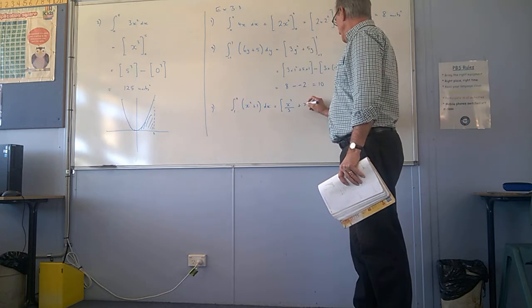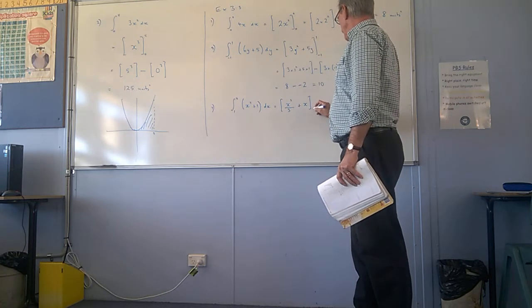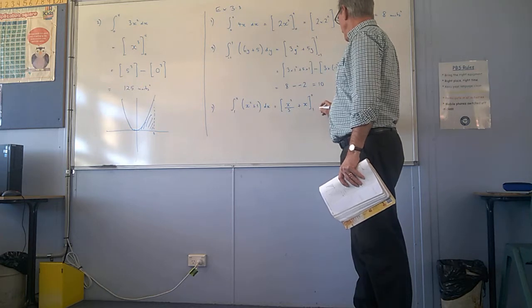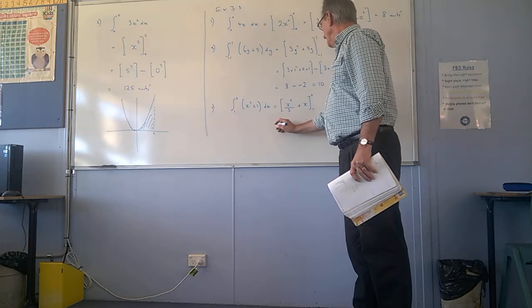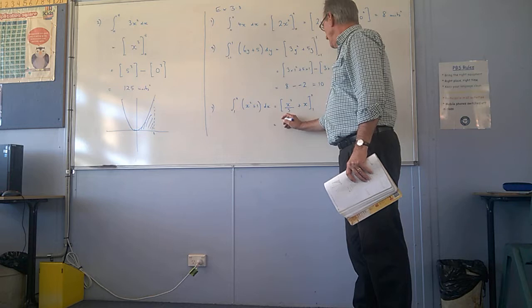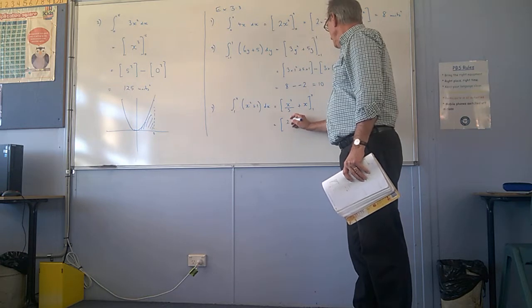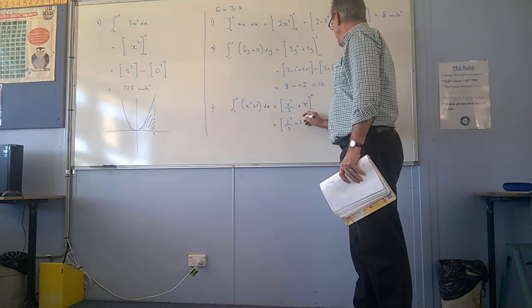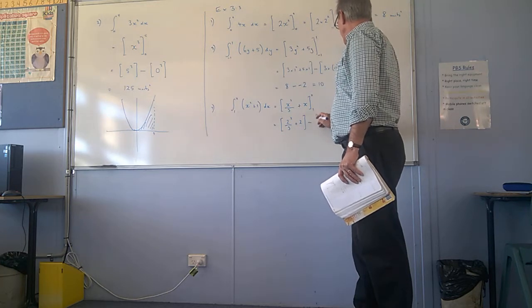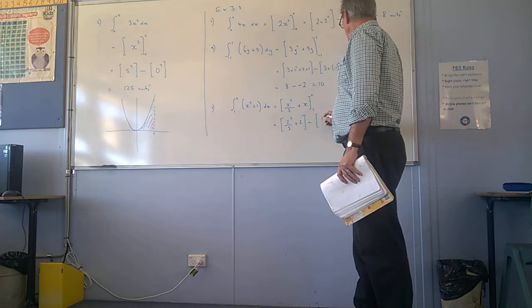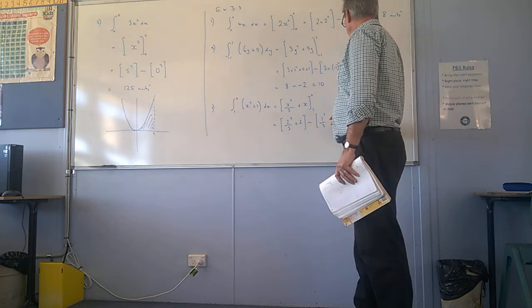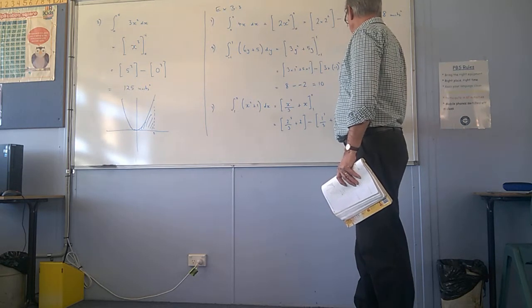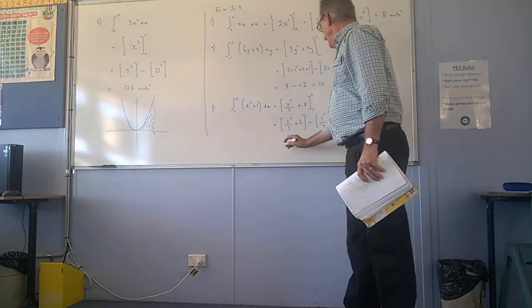Plus x from 1 to 2. So that's going to be 2 cubed over 3 plus 2, minus 1 cubed over 3 plus 1.